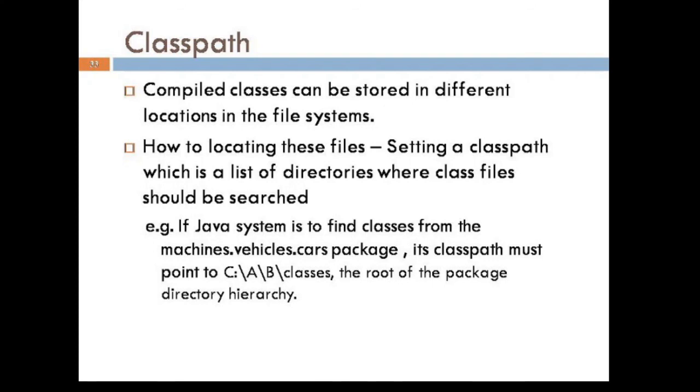For example, you want to locate this file in the C drive, in my class folder, then you have to specify the C drive my class folder in the class path location. You can have many places, and these paths can be separated by semicolons. This will help the Java interpreter to search for where the class files are located.